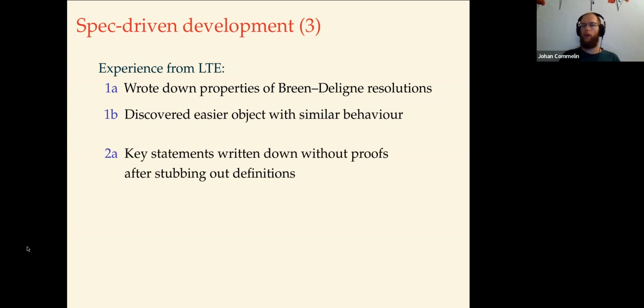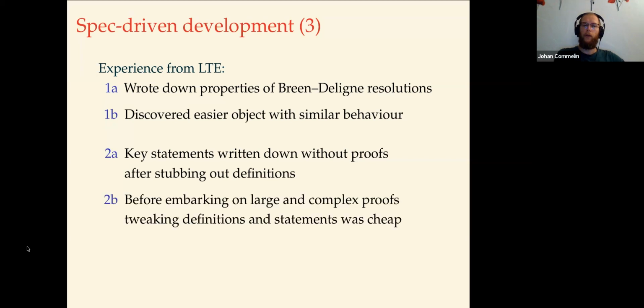And so more generally, many key statements were written down without proofs and with only stubbing out the definitions that went into the key statements. Sometimes even the definitions were partly just asserted without actually giving them in detail.